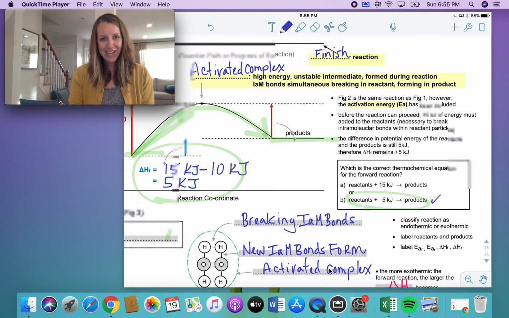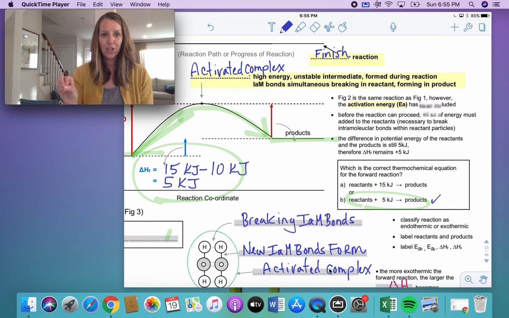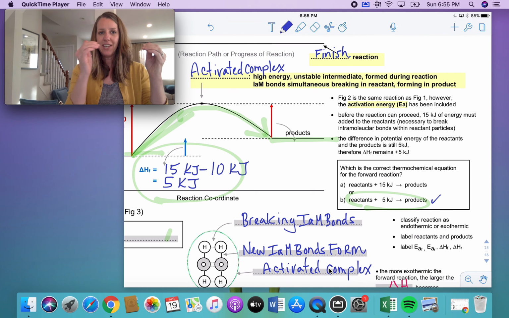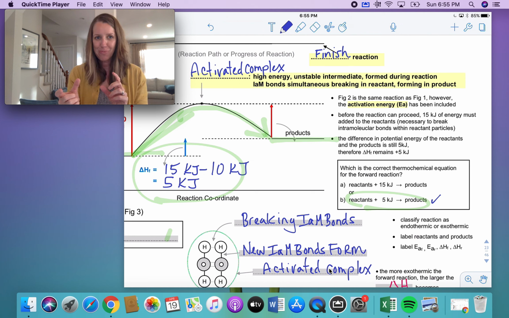Okay, what happens? Well, at the molecular level, you're thinking, I can see my reactant particles and I can see my product particles together at that exact moment that the reaction is going to take place. You have intramolecular bonds being broken, new intramolecular bonds being formed between the new atoms, and that complex is called the activated complex. It's a high energy, unstable intermediate formed during a reaction.